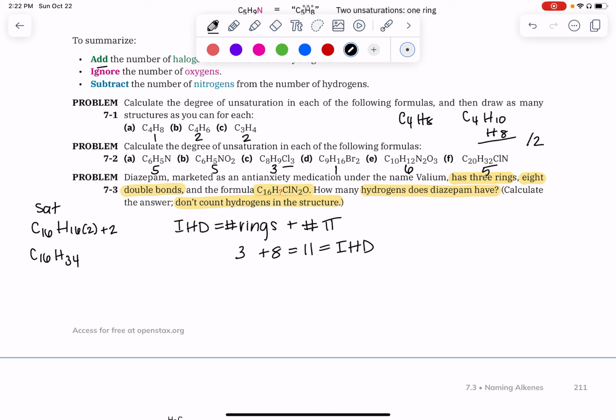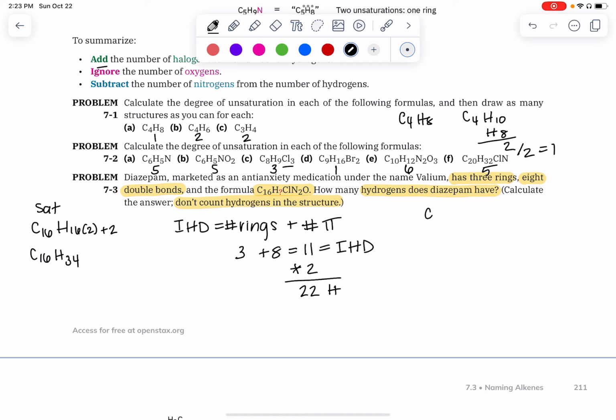That gave us 1, right? We're going to move in a backwards fashion. So we're going to say, okay, our IHD is 11, which multiplied by 2 would give us how many hydrogens there are. So there would be 22 hydrogens, right? So that would be in our unsaturated ring.